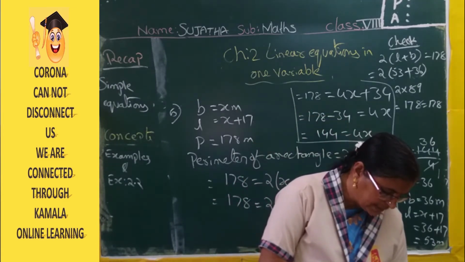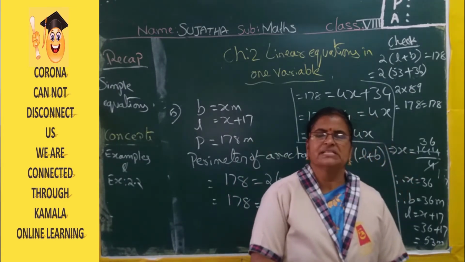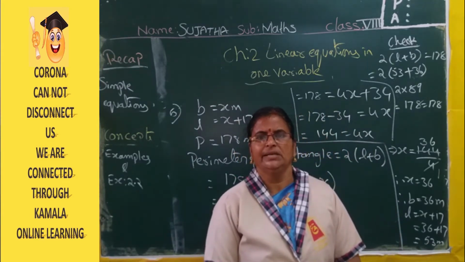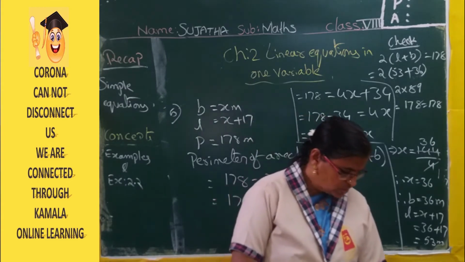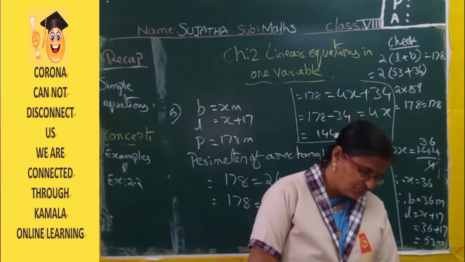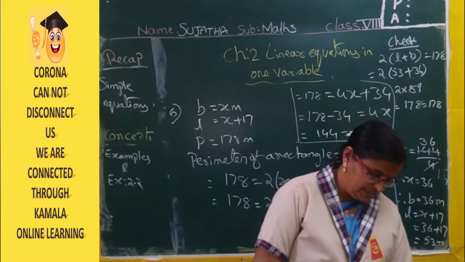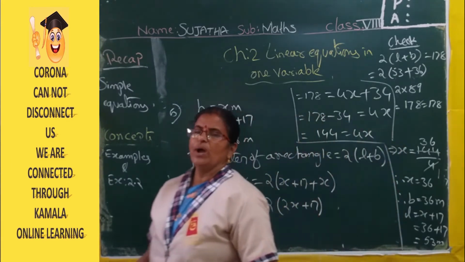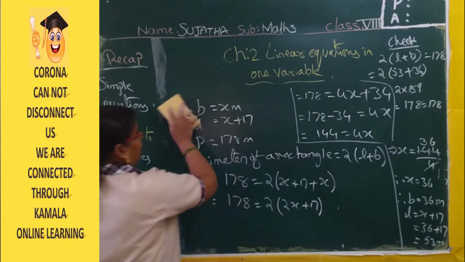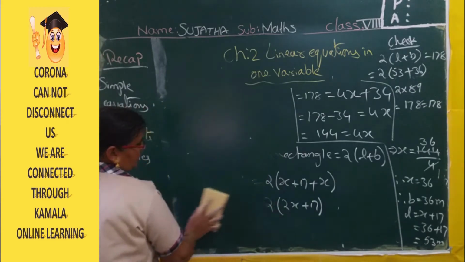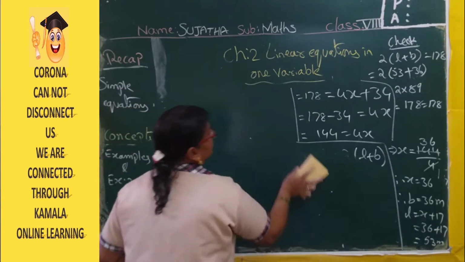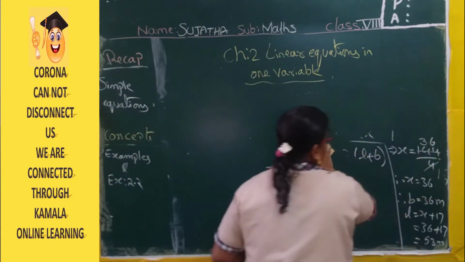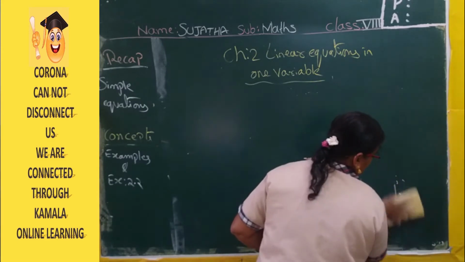The two supplementary angles. What is meant by supplementary? If the sum of two angles is equal to 180 degrees, they are called supplementary angles. So two supplementary angles differ by 34 degrees. Find the angles. What is meant by complementary? If the sum of two angles is equal to 90 degrees, they are called complementary angles.